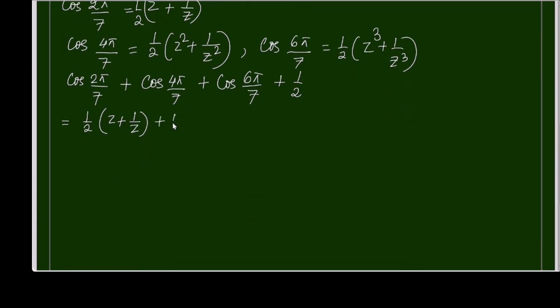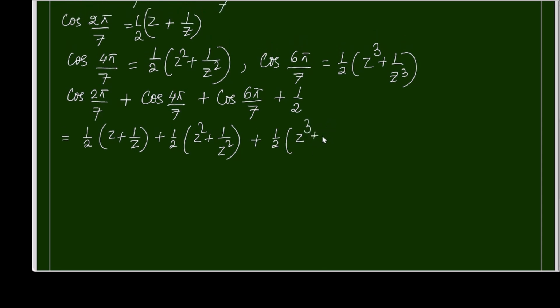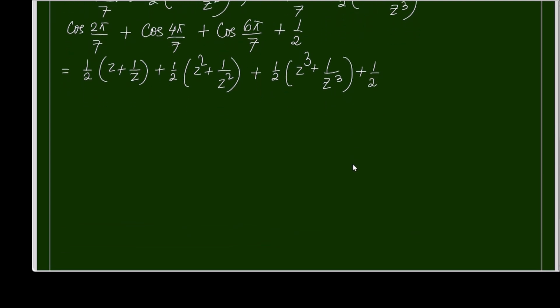Second one will be half of z square plus 1 by z square. And third one will be half of z cube plus 1 by z cube. And once you understood, no need of writing all the steps that I have written above. You can directly go to this step once you understood the concept. So you won't waste time like me.